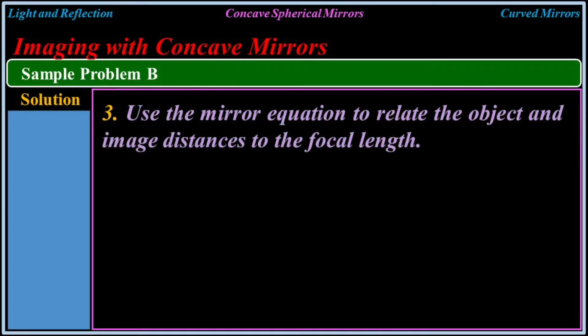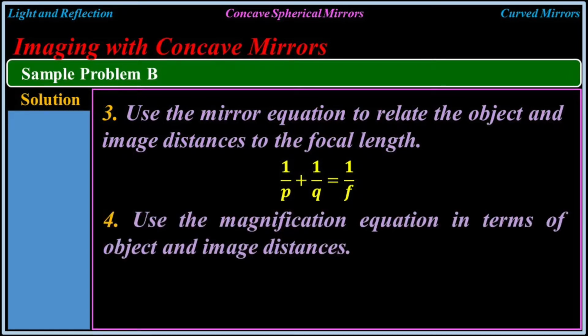Use the mirror equation to relate the object and image distances to the focal length. There's the mirror equation, and we want to plug in some values. Use the magnification equation in terms of object and image distances. There's going to be the magnification equation.